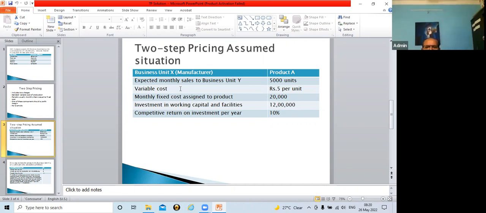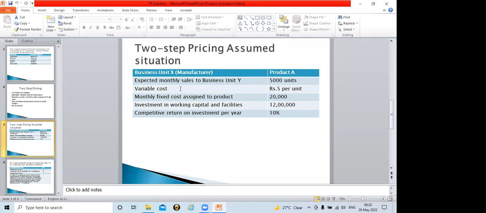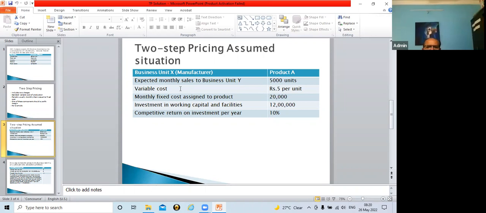Can you repeat? So material cost and labor cost. Correct. So this company has incurred material and labor cost, that is variable cost, ₹5 per unit. For every unit, the company has spent ₹5. So this is the meaning of the second line.